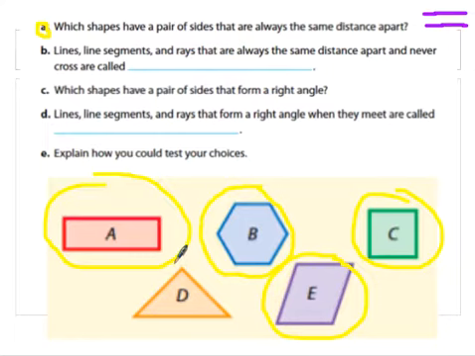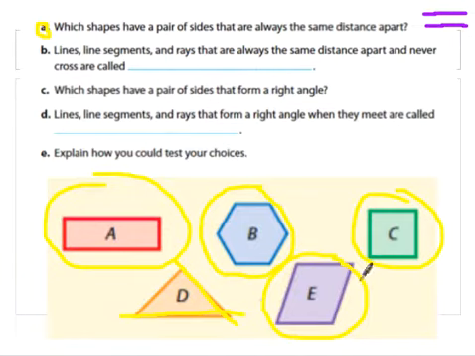So yes, that guy has sides that are always the same distance apart. What about our triangle here, shape D? This side, and let's choose this side. Are those the same distance apart? No, because if they were, they would not cross each other. They would not intersect, but they do intersect. And that means they're not the same distance apart. Well, let's try this side and its other side. Are they the same distance apart?